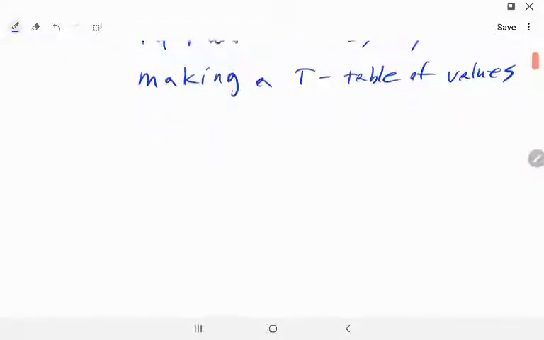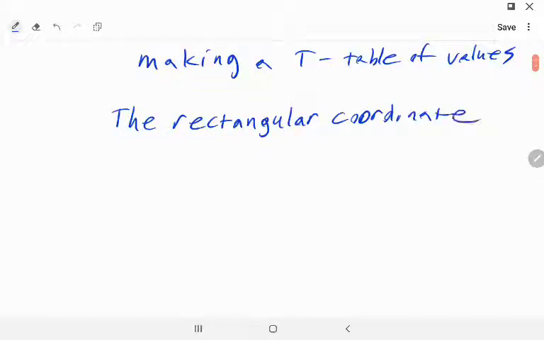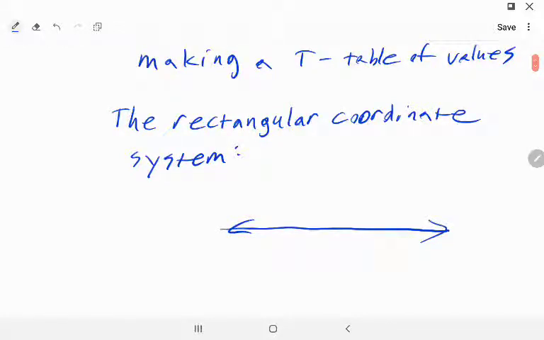We notice that we start with the idea of the rectangular coordinate system. It consists of an x-axis, the horizontal axis, and a y-axis, the vertical axis.